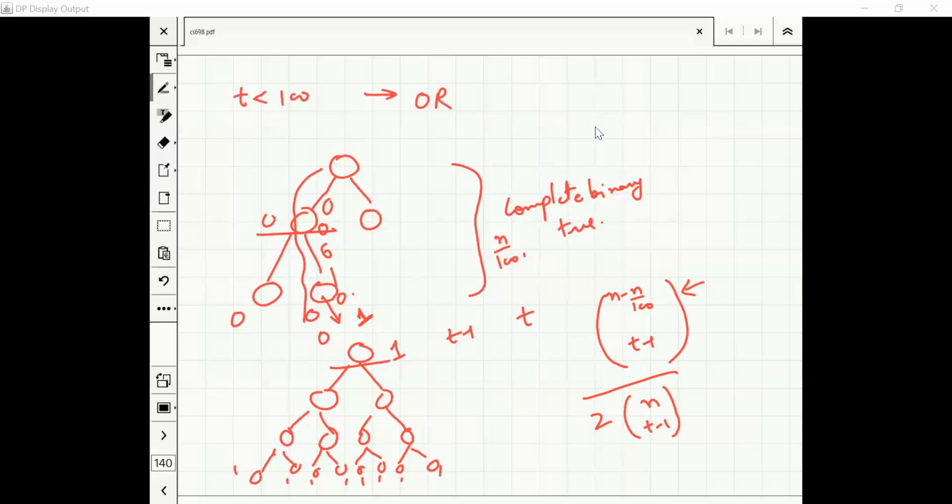All these inputs will have Hamming weight t minus 1. And then the probability weight is this much. And if you take t to be less than 100, then this is some constant to the power 100, which is still a constant. It might be a very, very big constant, but it's still a constant. So I'm fine.